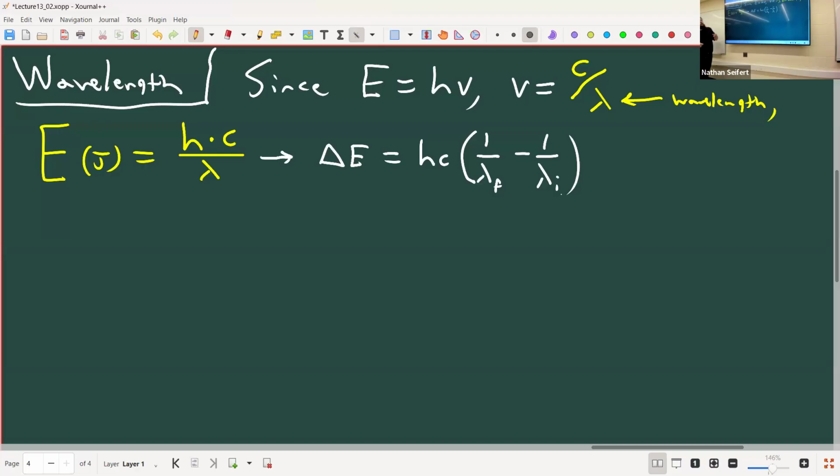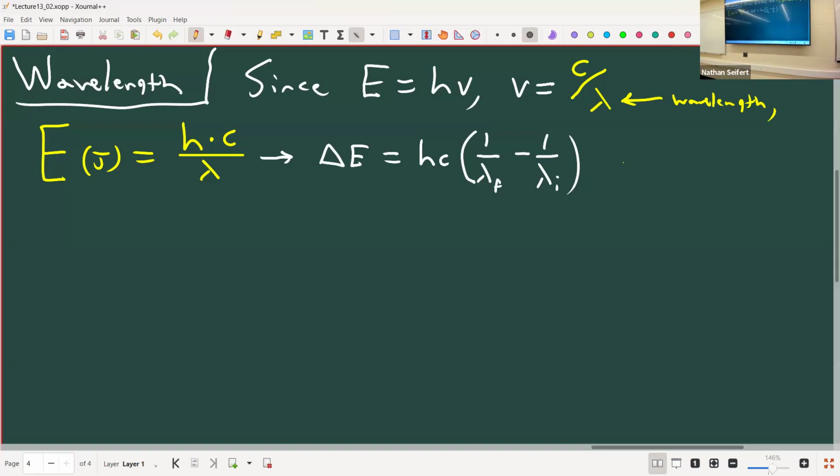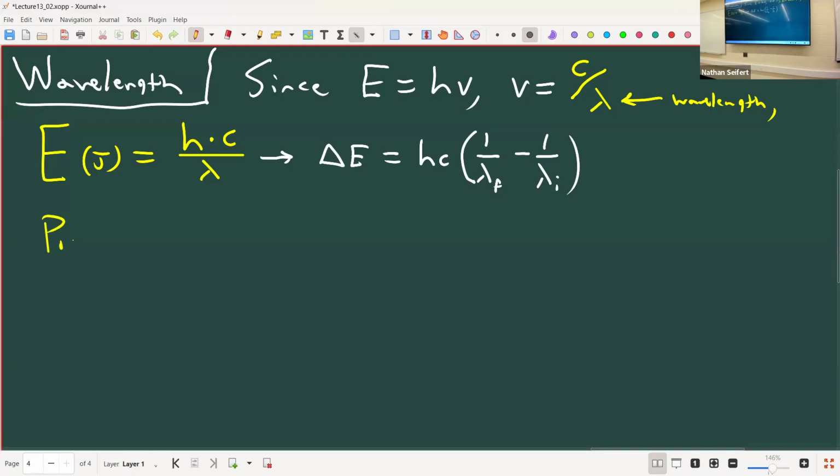Right, so fixed changes in wavelength do not correspond to fixed changes in energy, right, because of this inverse relationship. So wavelengths are a little problematic sometimes when you're doing energy calculations because of this. Just one problem, I'll just write here.